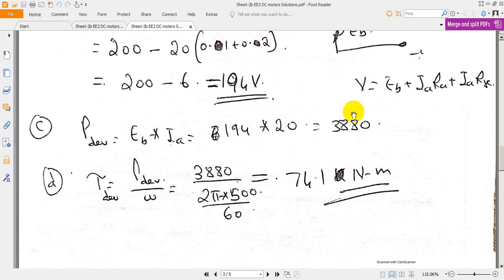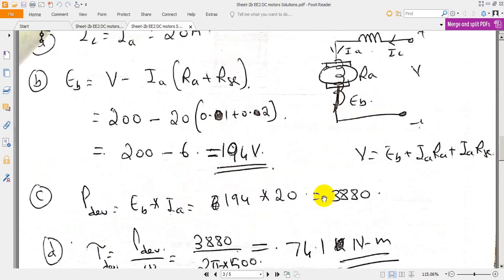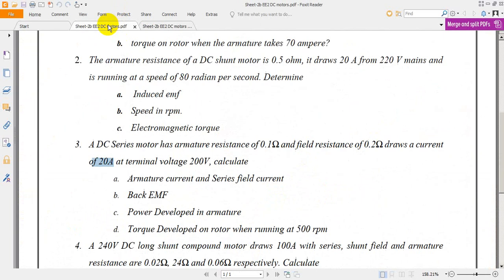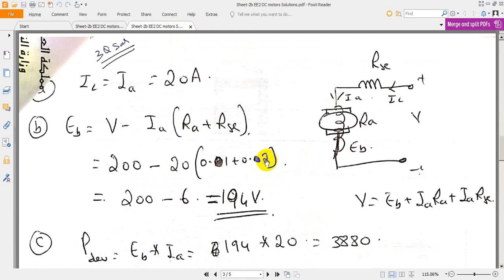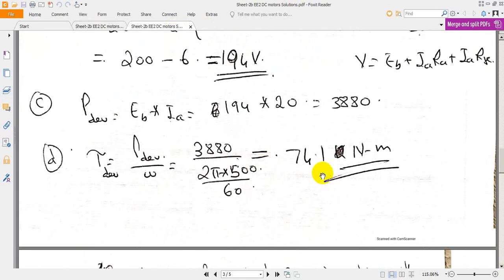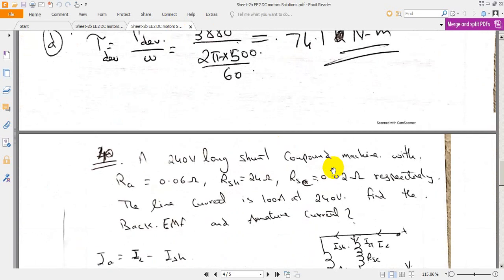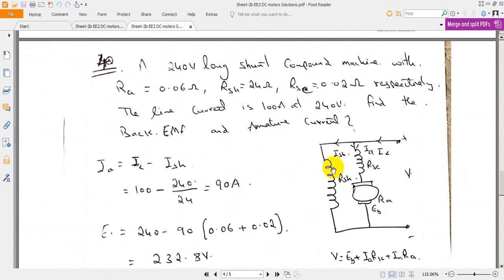Power value has been evaluated here and omega is 2 pi n by 60. N is speed in RPM. From the question, the machine is running at 500 RPM. So simply substitute the n value of 500, you will get 74.1 Newton meter. Question number 4.